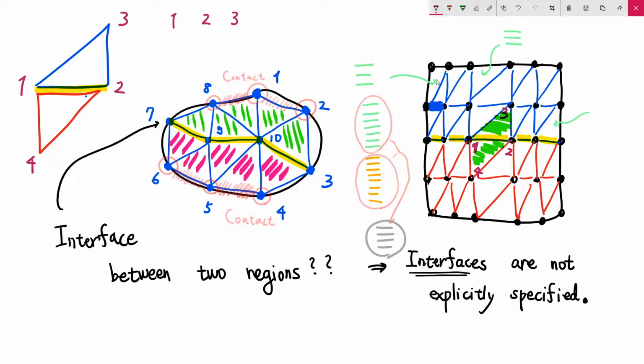So your triangle specification will be 1, 2, 3, or 2, 3, 1, or 3, 1, 2. And also for this lower triangle, you will have 1, 4, 2, or 4, 2, 1, or 2, 1, 4.